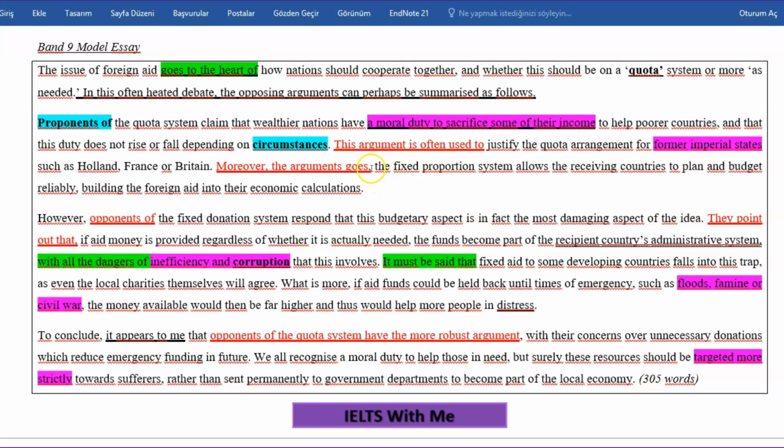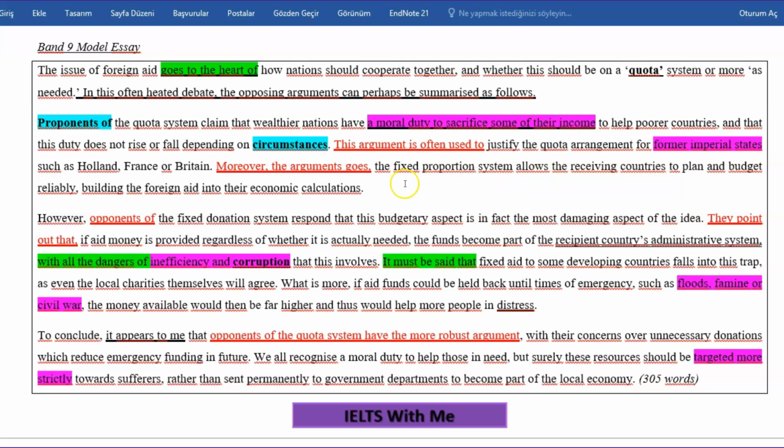This argument is often used to justify, explain, the quota arrangement for former imperial states such as Holland, France, or Britain. Moreover, additionally, the argument goes, the fixed proportion system allows the receiving countries to plan and budget reliably, building the foreign aid into their economic calculations.